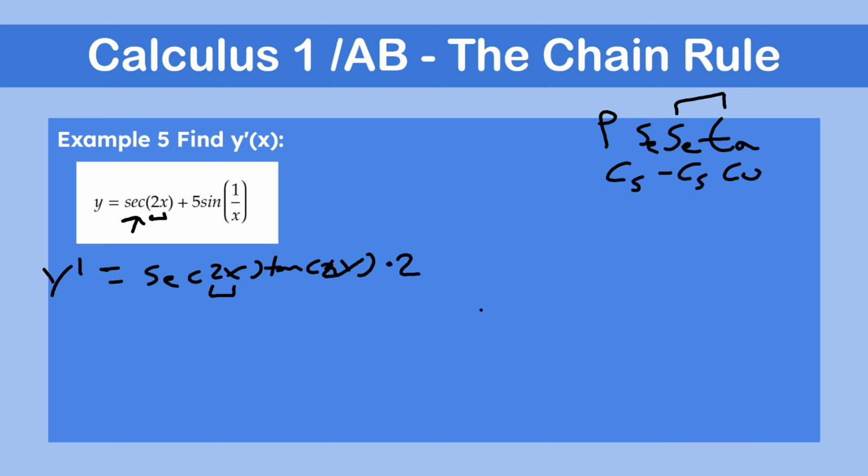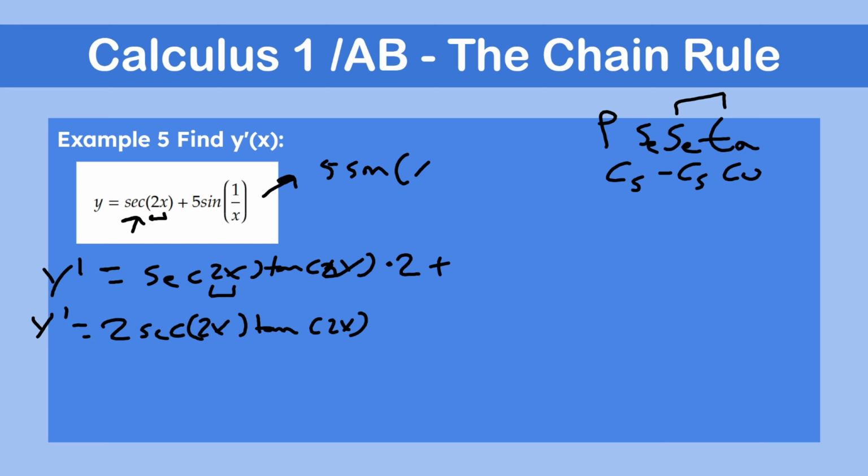Let's simplify this part for now. Secant 2x tangent 2x. So now we're going to find this other part. This term can be rewritten as sine x to the power negative 1. So now this is 5 times the derivative of sine, which is cosine x to the power of negative 1.